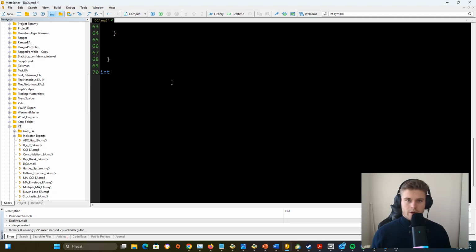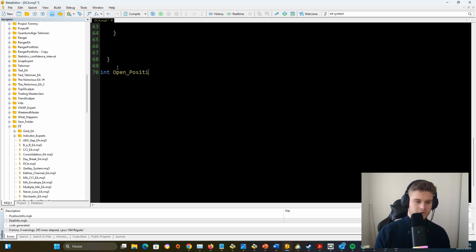So this function will return the number of already open positions of specific type. Okay, so if I, for example, need to know how many open buy positions are there currently, this function will give me the answer.